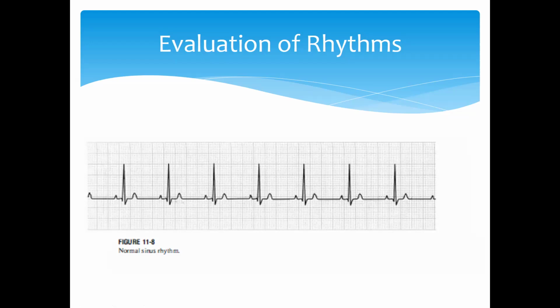So the formula for the estimation of the heart rate is the number of R waves in 6 seconds multiplied by 10. If we take this ECG, this is a 6-second strip. If we count the number of R waves in this image, they are 1, 2, 3, 4, 5, 6, and 7. Then we multiply 7 by 10, so the heart rate will be equal to 70.